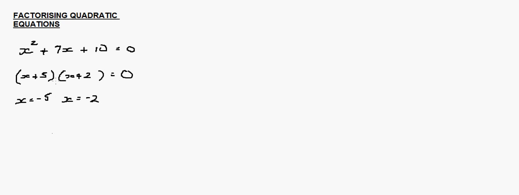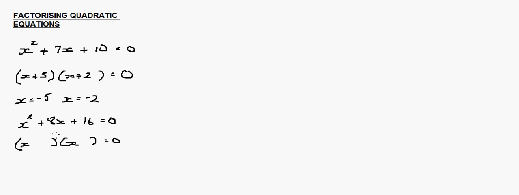Now sometimes you'll get an equation and it will only cut the line once, so it will just touch the line. So for example, let's say we've got x squared plus 8x plus 16 equals 0. Now if we factorise that, and this equals 0, I know it's x, I know it's x, because x times x gives me x squared.